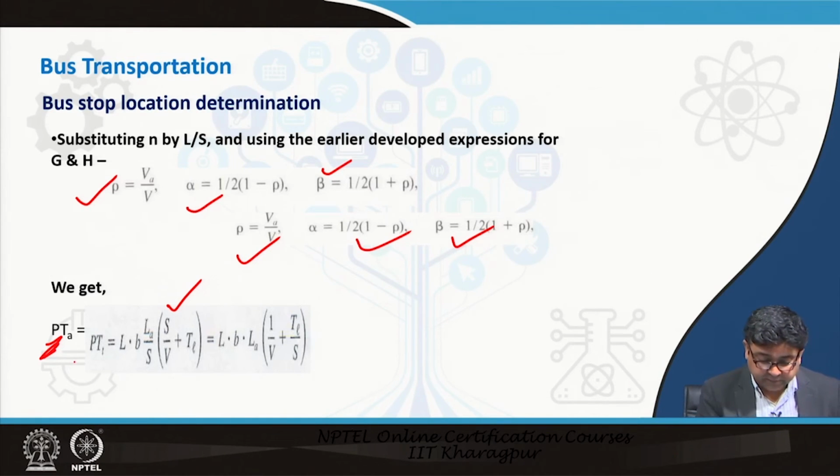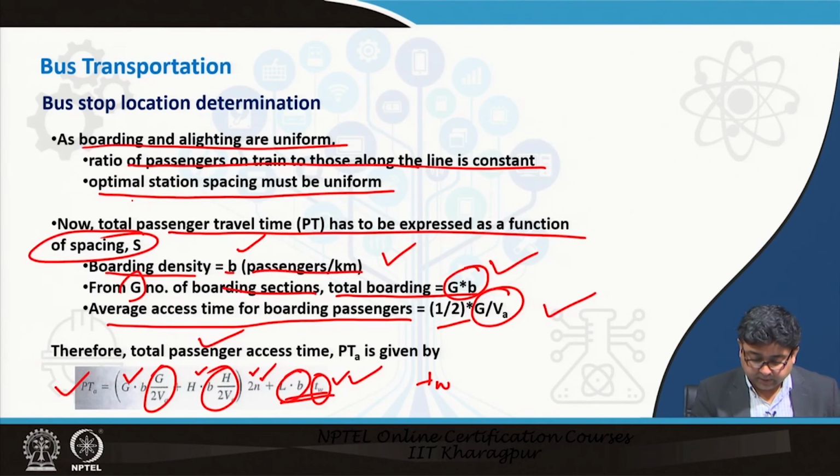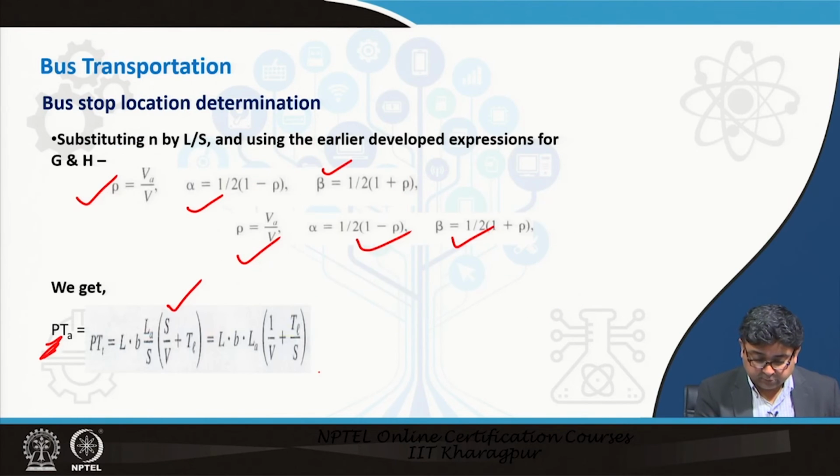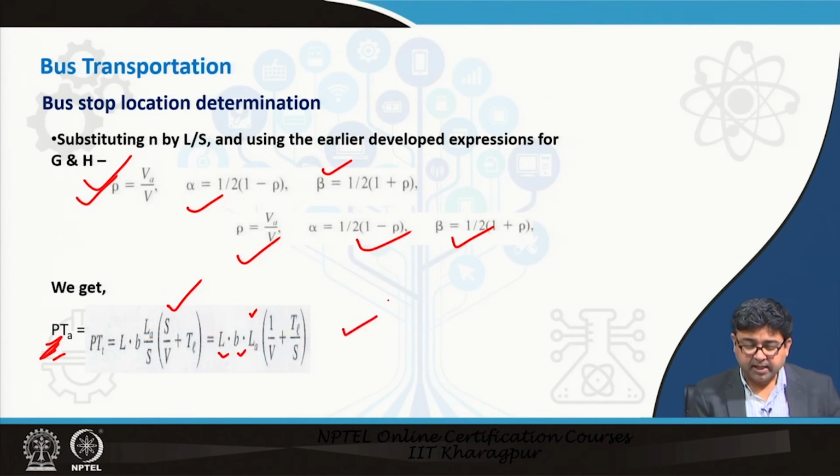So, now by replacing many of those terms through those constants that we had developed, you would get P T A is equal to L times B times L A into 1 by V plus T L by S. All of these are simple terms to remember, simple terms to understand.